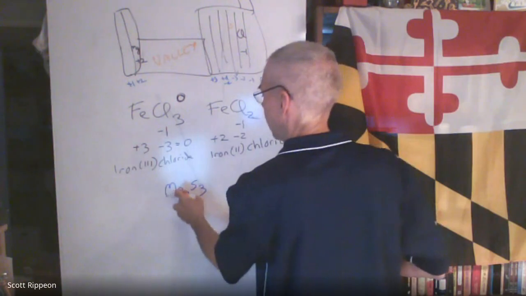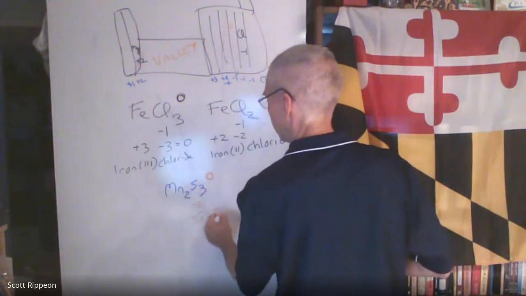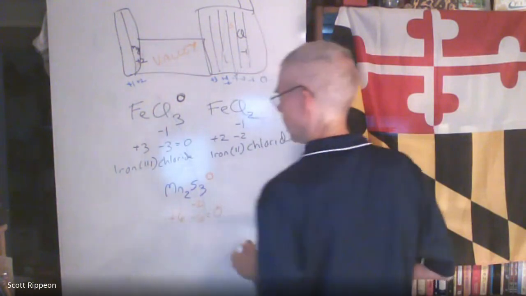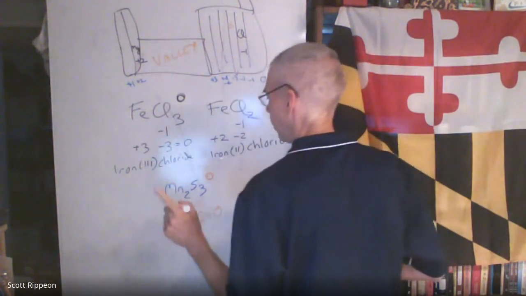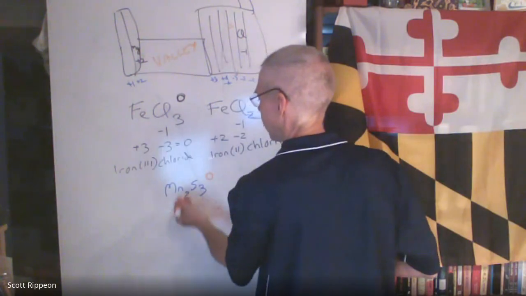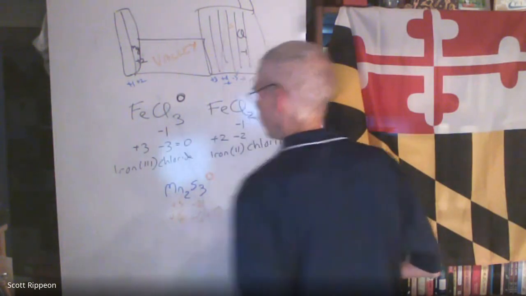Now, the Mn, if we want the whole thing to be neutral, since there's no charge here, it all has to add to 0, so the Mn must give me +6. But there are 2 of them, so if I get 6 pluses from 2 things, each one must be +3.